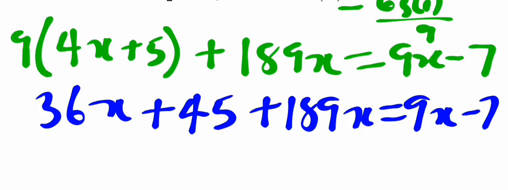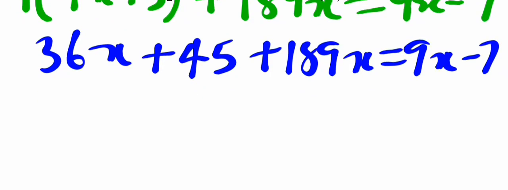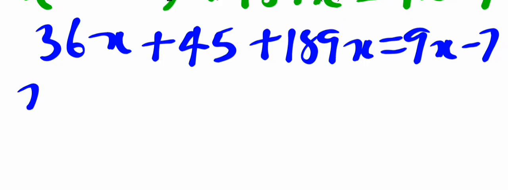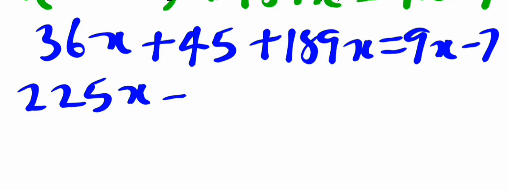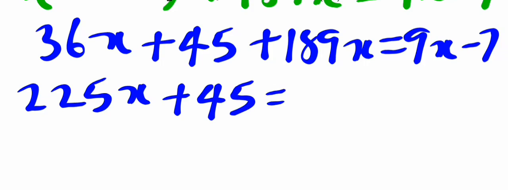So by the time we collect the like terms on the left hand side first, we add the x together. So this one gives us 36 plus 189. That becomes 225x plus 45 is equals to 9x minus 7.